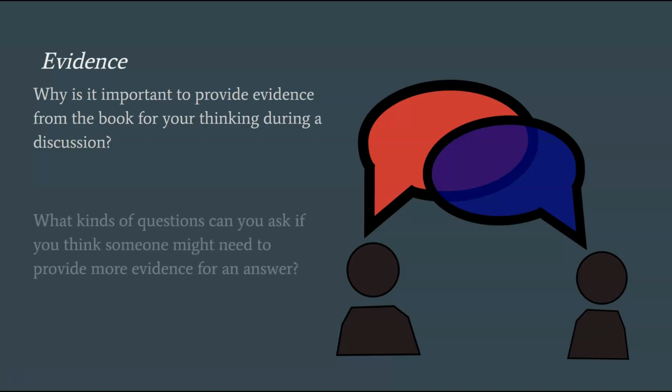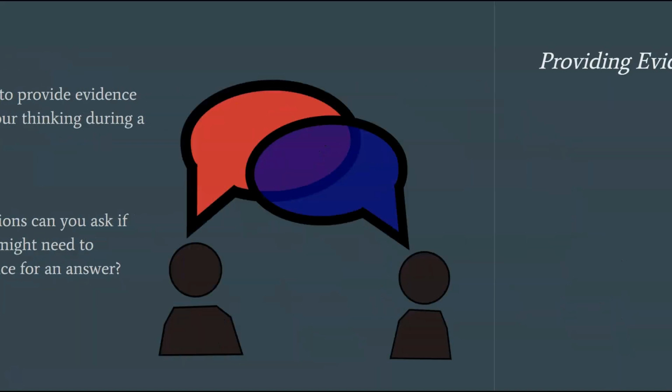That's what's important. There are certain questions that we can ask if we think someone might need to provide more evidence for an answer. Again, you're allowed to disagree with somebody and you're allowed to ask them to provide more evidence, but we need to make sure that we're remembering to do this in a polite and respectful way. So let's talk about some ways we can provide some evidence.